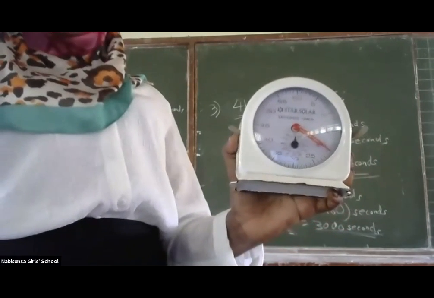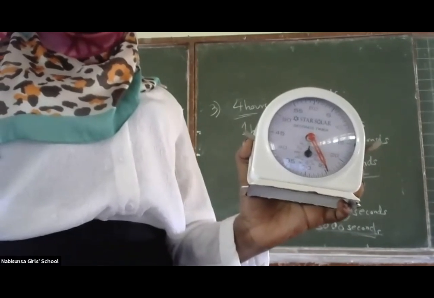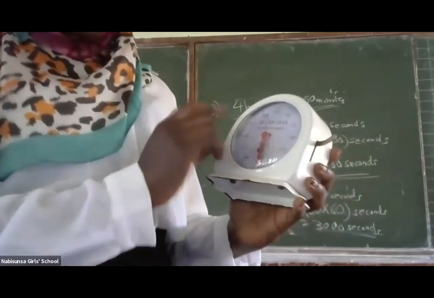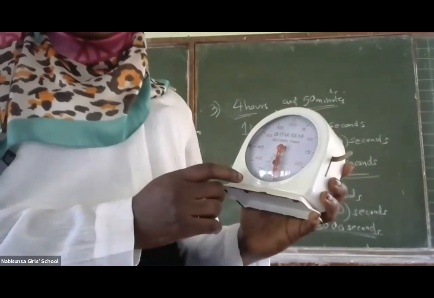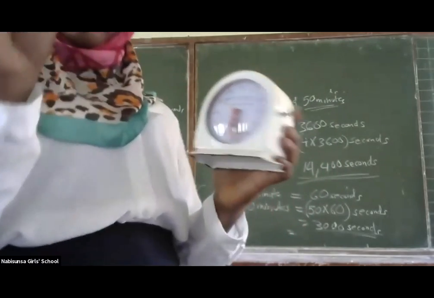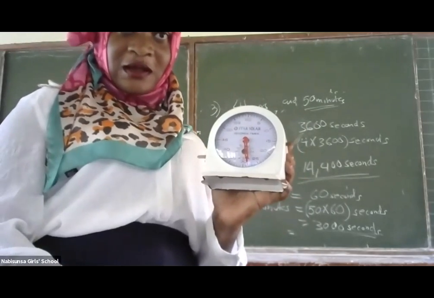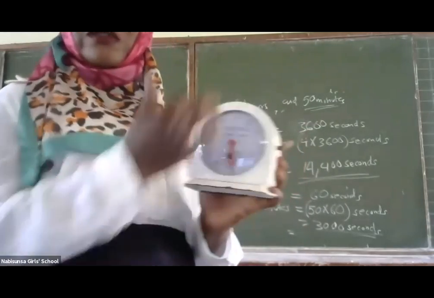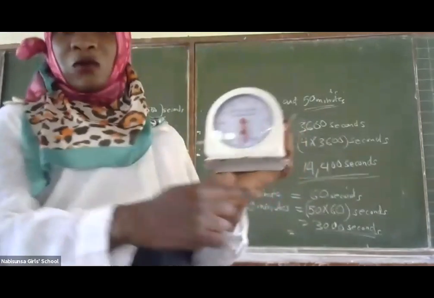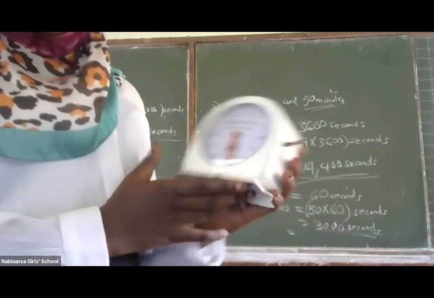It has only one hand, that red one, that moves in a clockwise direction. So you can use it to time anything you want. When it's circular motion, it's either clockwise or anti-clockwise, okay? So it moves in a circular motion, and in this case, it uses a clockwise direction.